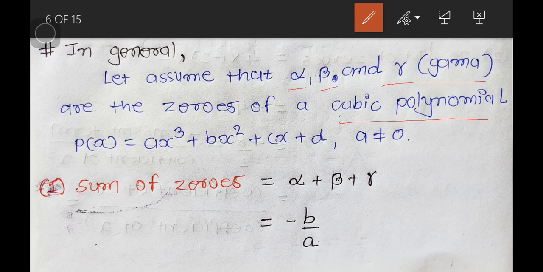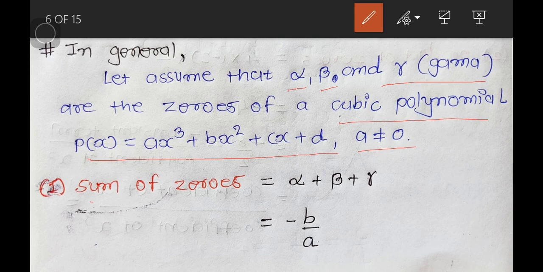So we have to assume that alpha, beta and gamma are three zeros of cubic polynomial p of x, that we know standard form of cubic polynomial, that is p of x is equal to ax cube plus bx square plus cx plus d, and a does not equal to 0. So here relationship between coefficient and zeros.